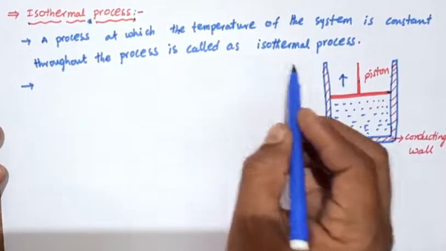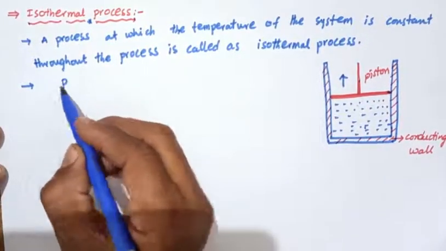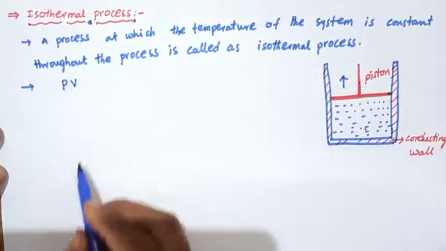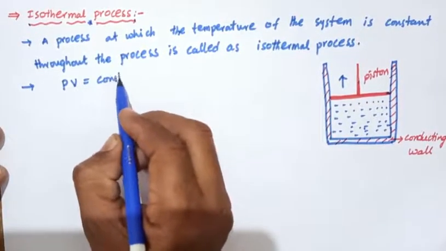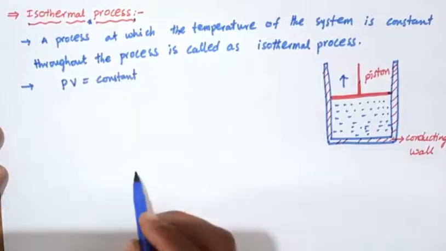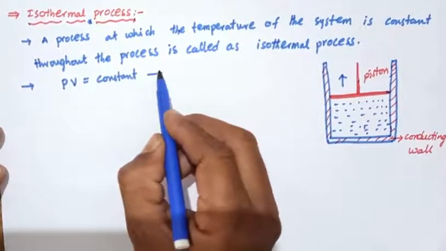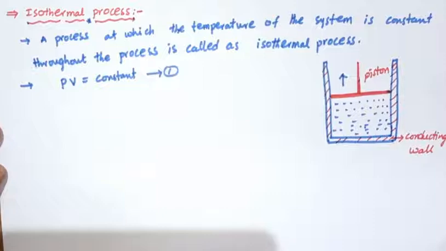So it is like the pressure and volume, PV equals a constant. So it is like Boyle's law. So it is equation number 1.